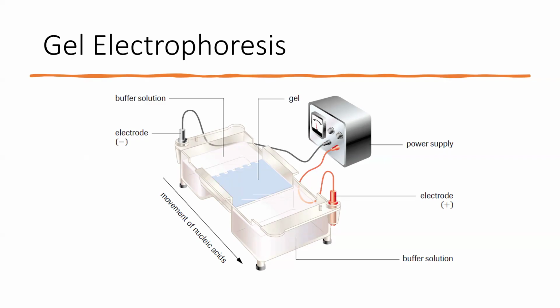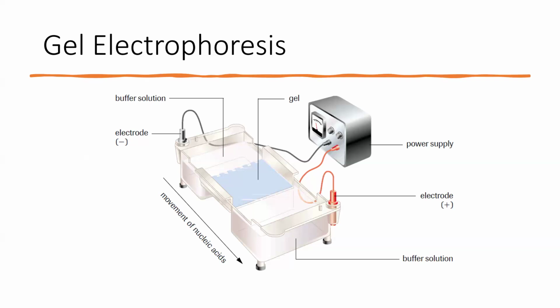Here, we have a chamber, and the chamber is going to be filled with a solution. It's called buffer solution that helps conduct electric current. Okay, there's a slab of gel here. The gel is a little bit like the size of half of a phone, and it's like jello.